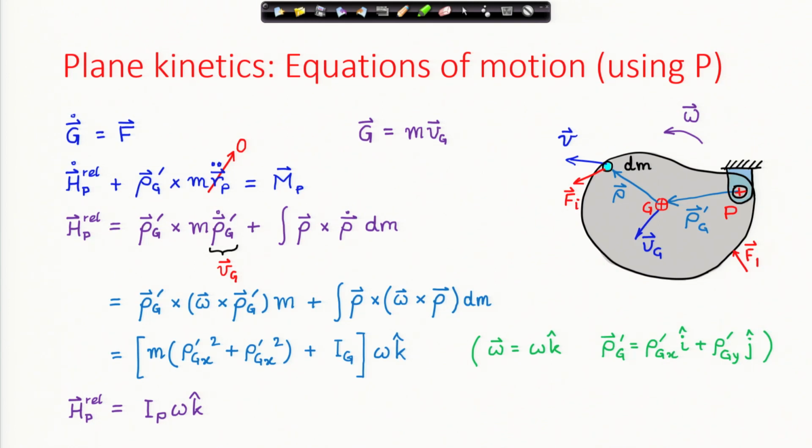Therefore, H P rel gets considerably simplified because of this planar motion assumption, and this can be written for prismatic bodies. We are discussing prismatic bodies.